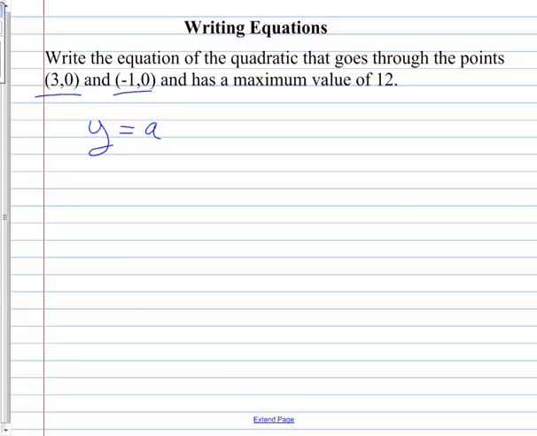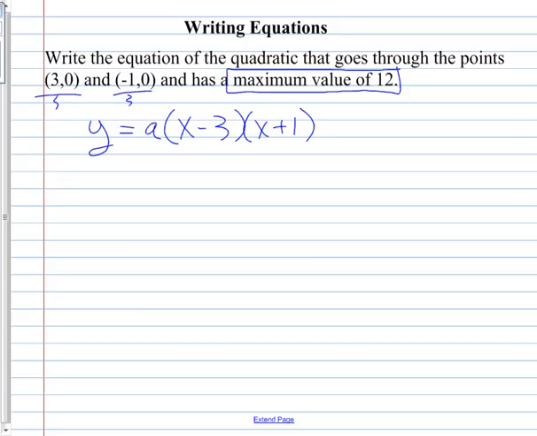We'll say y equals a(x minus 3)(x plus 1). Again, you do the opposite of wherever the x's are. Now, to get a, we need another point. And that's where we can use this. We have a maximum value of 12.